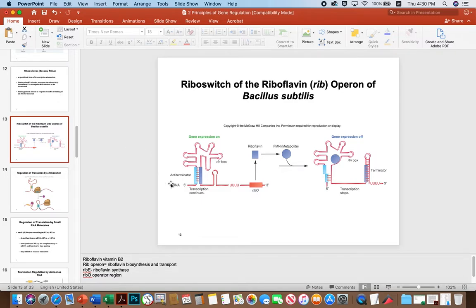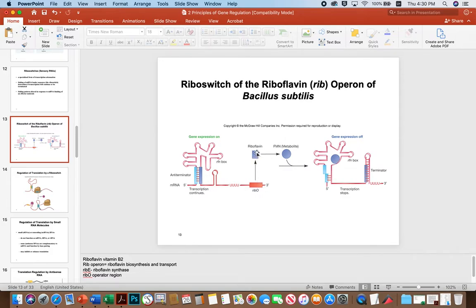Over here, you're looking at the gene expression on mode. Rib-O is the riboflavin biosynthesis operator. The operator is not occupied, and so the rib genes, rib E, for example, and others, which would be over here, get expressed to make riboflavin.